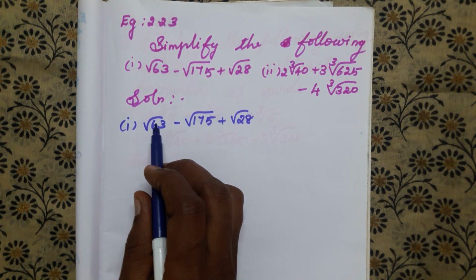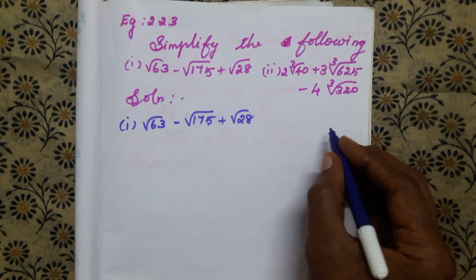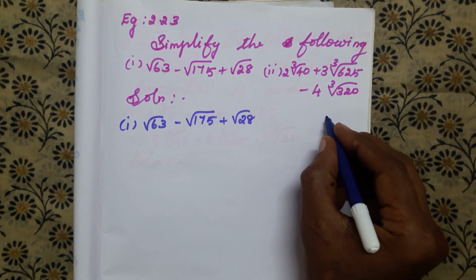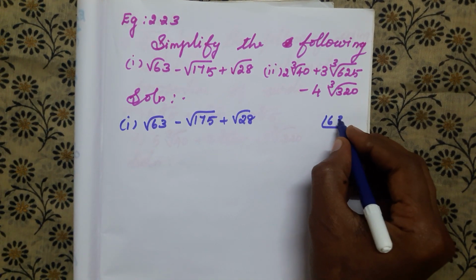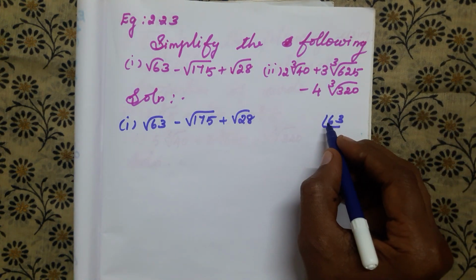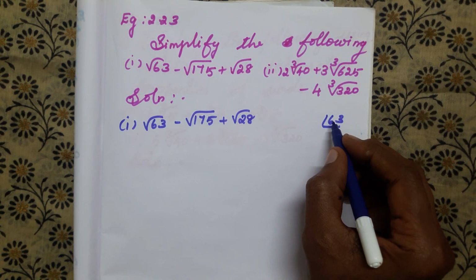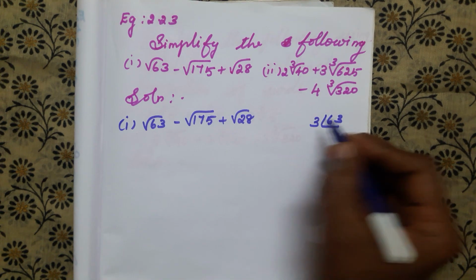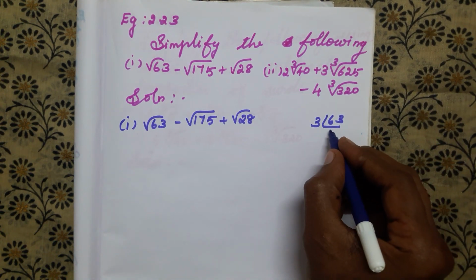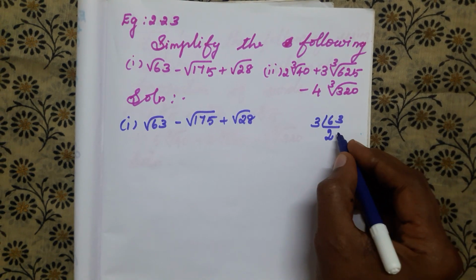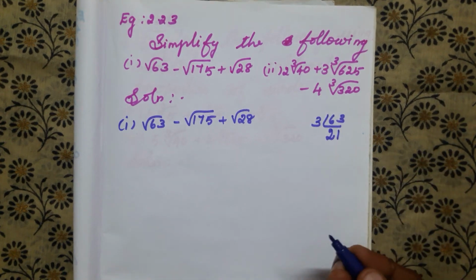Root 63. First we have to write it in the simplest form. When we are factorizing 63, which table can we factorize this by? Yeah, 3 table. 2 3s are 6, 3 3s are 9.